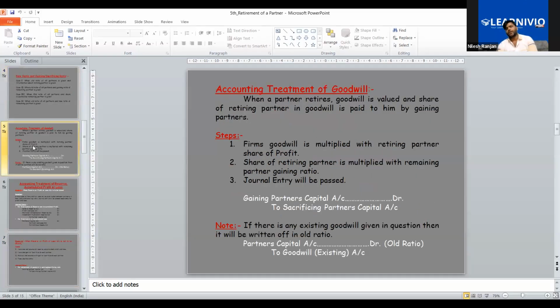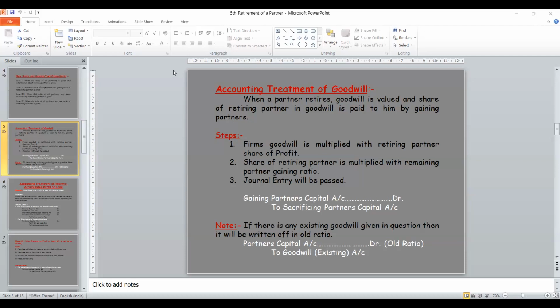Okay, here is the goodwill, accounting treatment of goodwill. If you remember, can you tell me how many types of goodwill can be given in the question, Madiha? How many types of goodwill can be given in the question? Two.